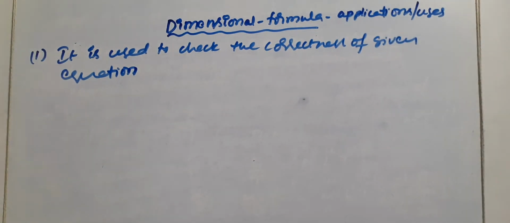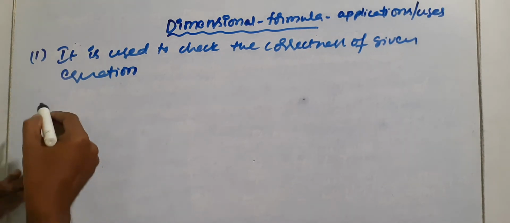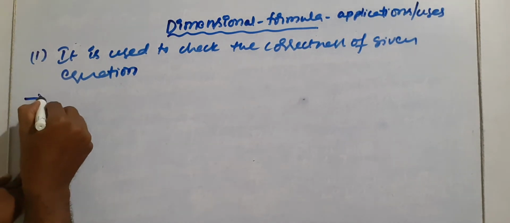To check whether the given equation is correct or not in physics, we can use the concept of dimensional formula and dimensional analysis. So how can we say the given equation is a right one or a wrong one? For this, there is a principle.